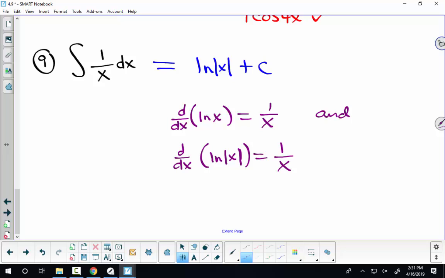So the reason we're working with the absolute value here, the antiderivative, and we really didn't do much with the derivative, is just so that we can extend the domain of our antiderivative. Okay, because if we looked at the function 1 over x, we see that it includes everything but 0.